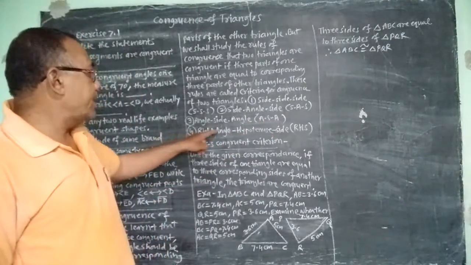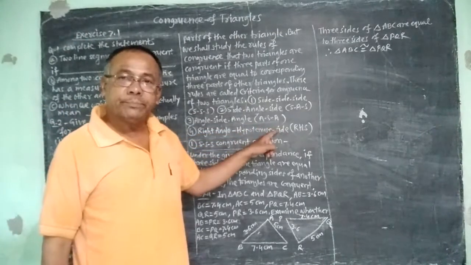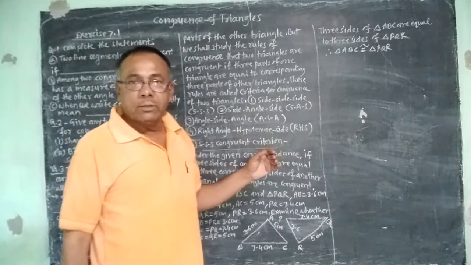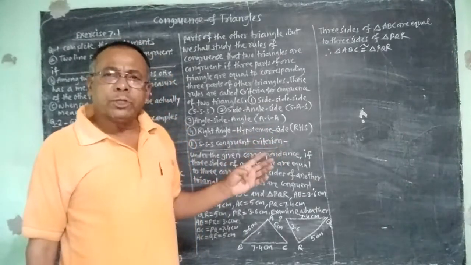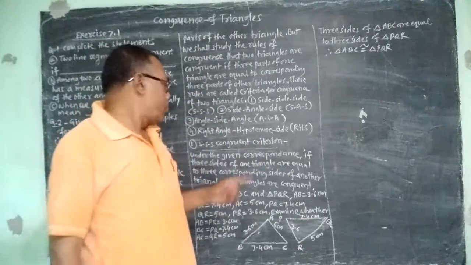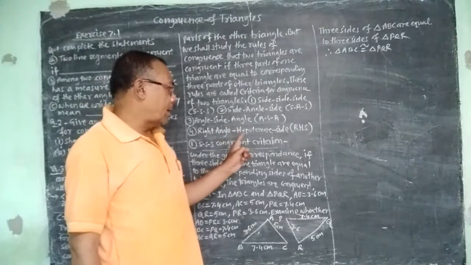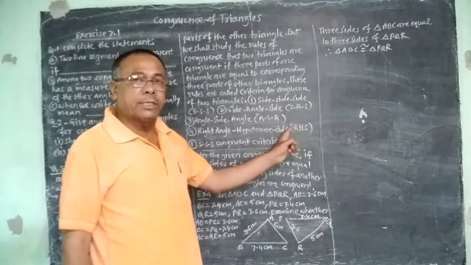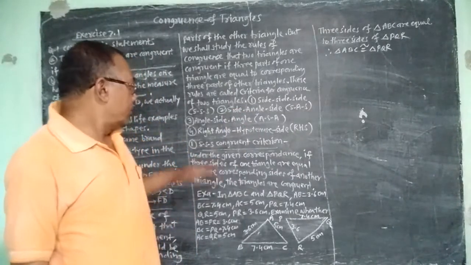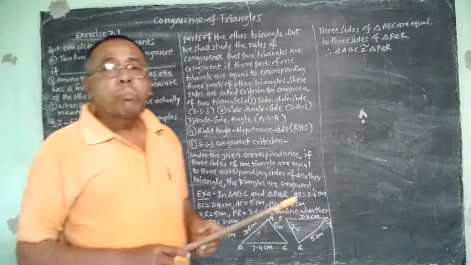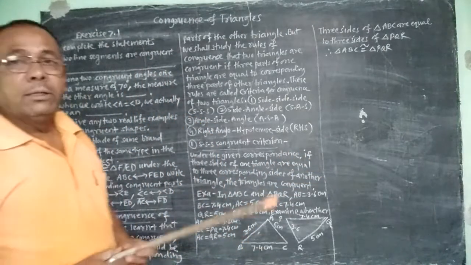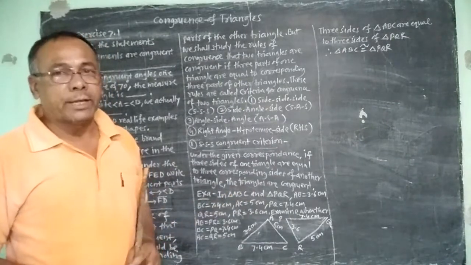And right angle-hypotenuse-side, or hypotenuse side, and we know that hypotenuse is only in a right angle triangle. So right angle triangle hypotenuse side is stated as RHS criteria. So these are the criteria for the congruency of the two triangles.